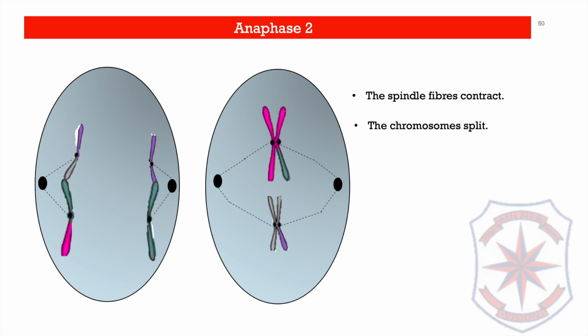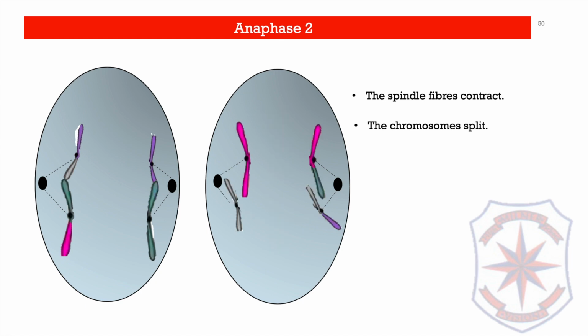As you can see there, the chromosomes have split in half. When the spindle fibers contract, the chromosomes will split in half, like that. Okay?